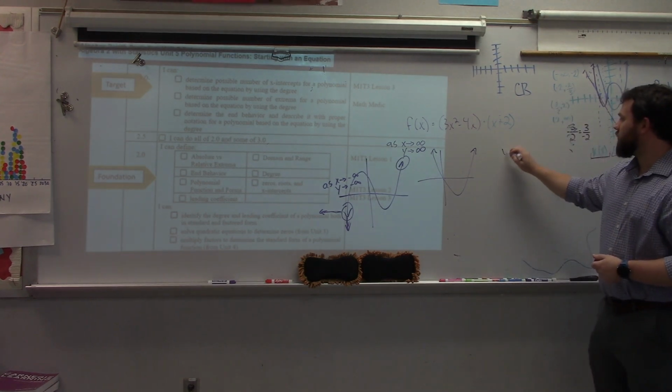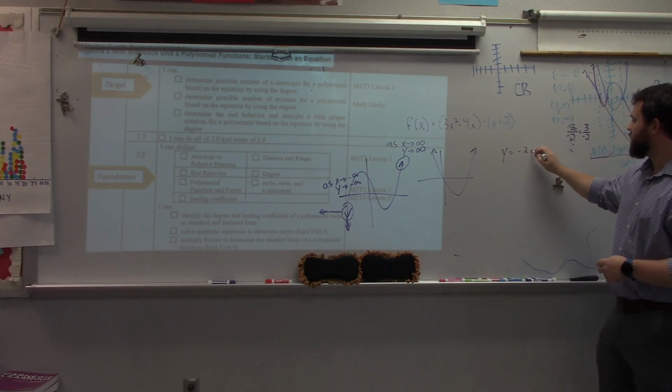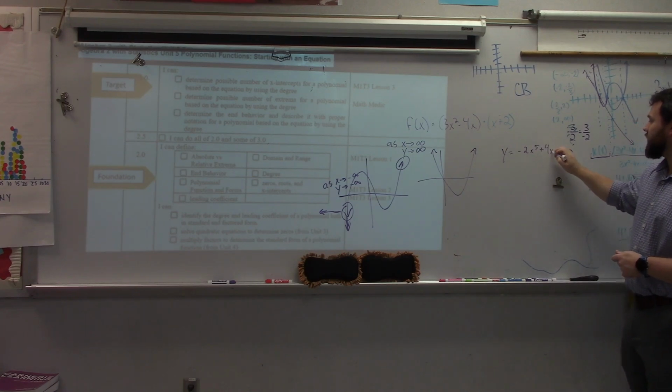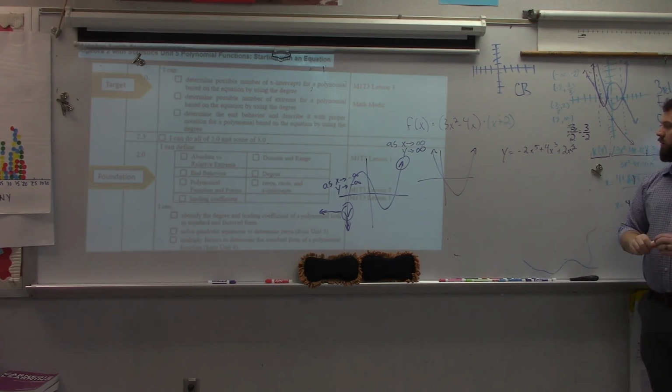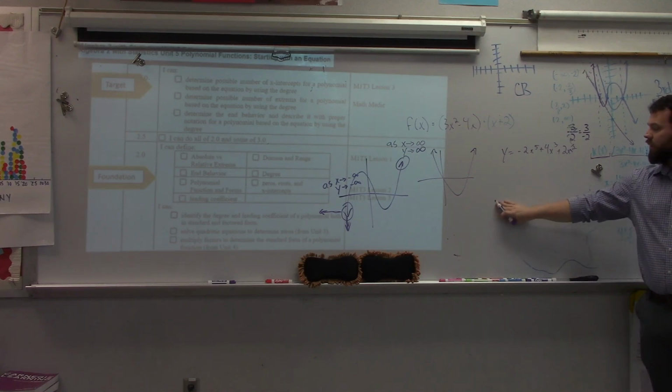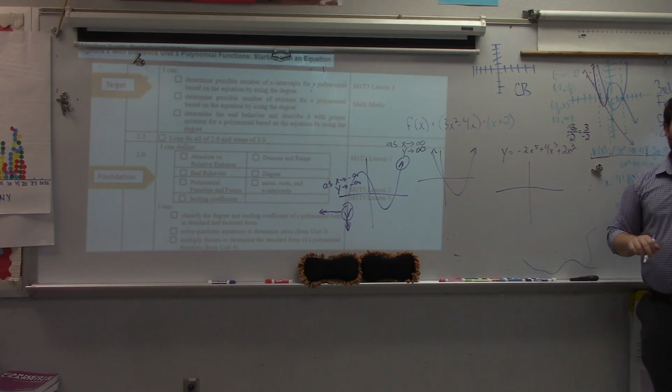So, for example, I don't know exactly what this looks like, but what degree is that? Fifth degree. So I know the end behavior is what? Ooh, it's going up. Is it the same or is it opposite? Hey guys, is the end behavior opposite or the same?